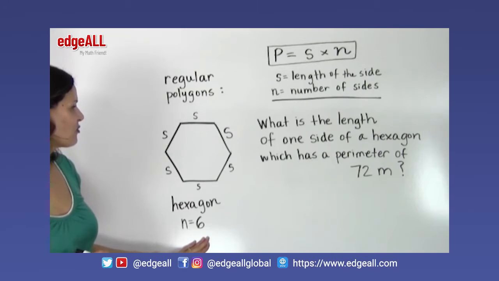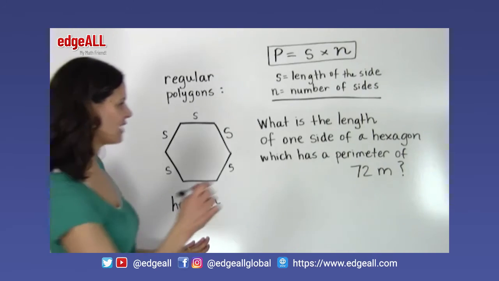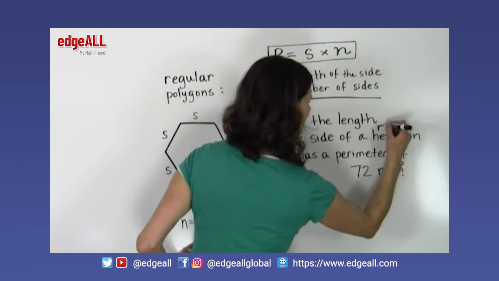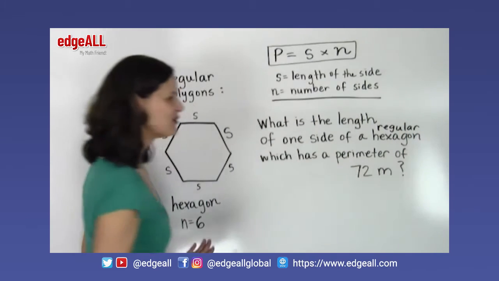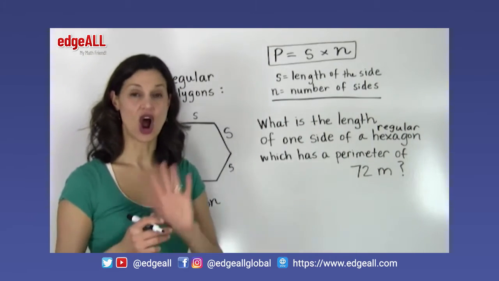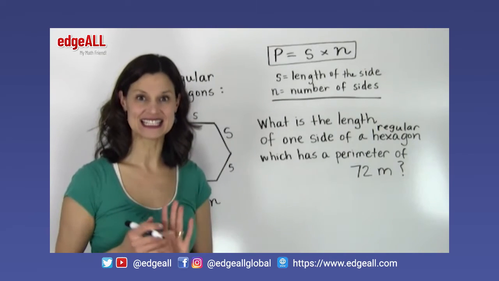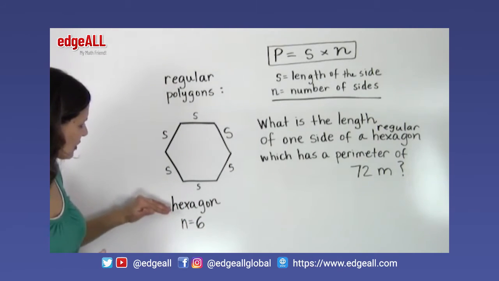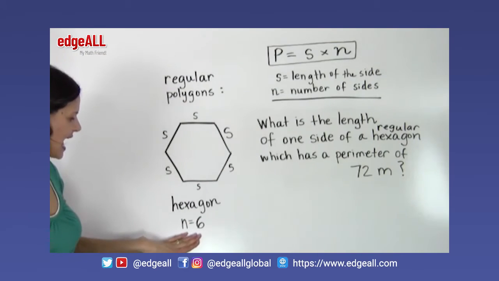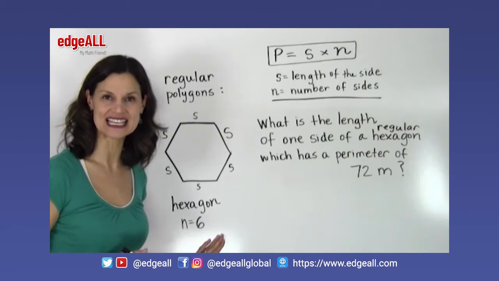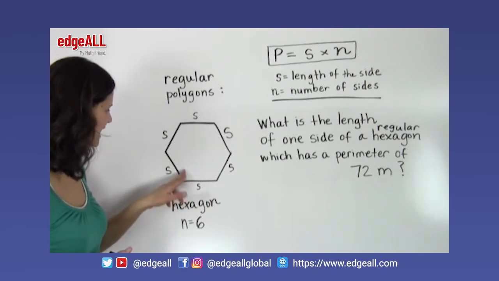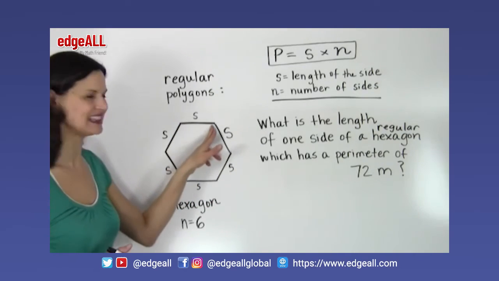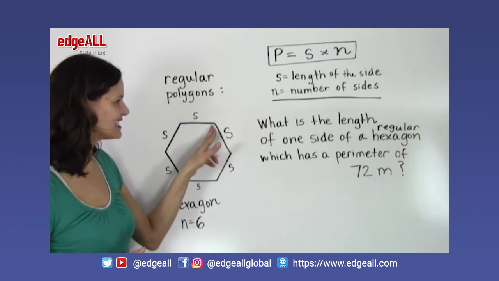And this is a regular hexagon, and we should say that for sure that we have a regular hexagon, which will tell us that these are all equal length sides. So we remember that our hexagon has N equals 6, or 6 sides, and that since it's regular, each side is going to equal the same length, which we call S.